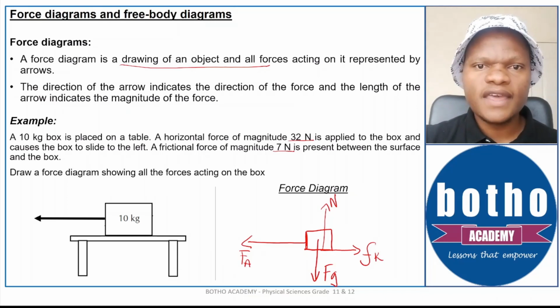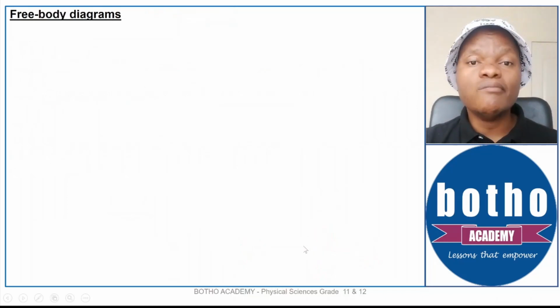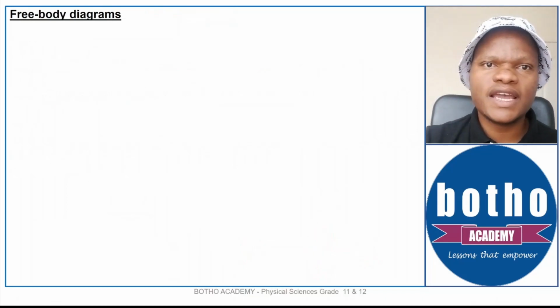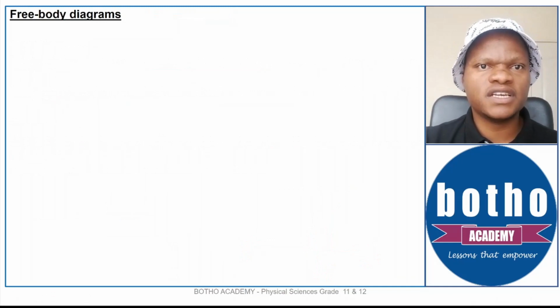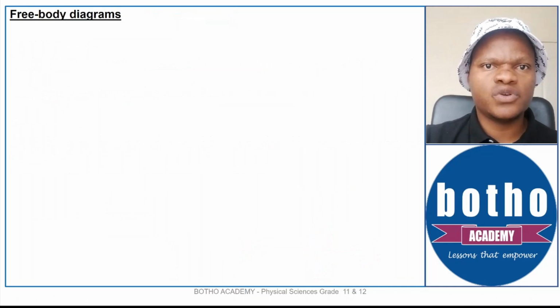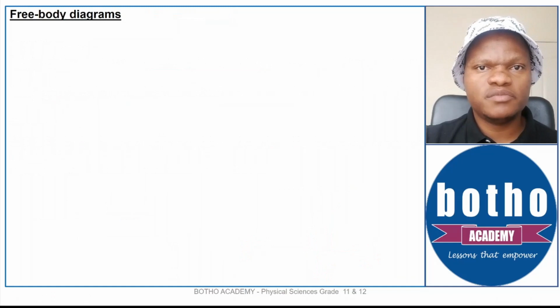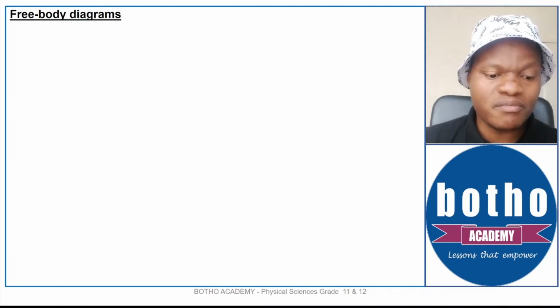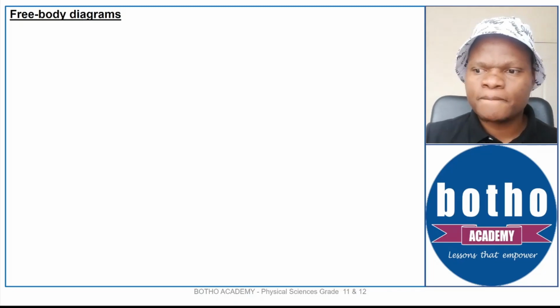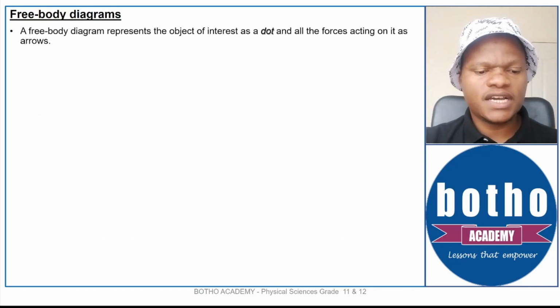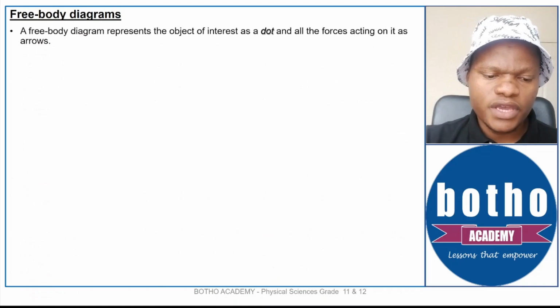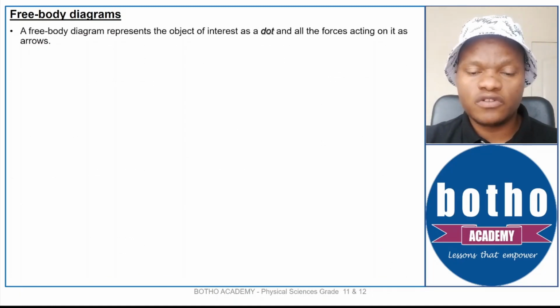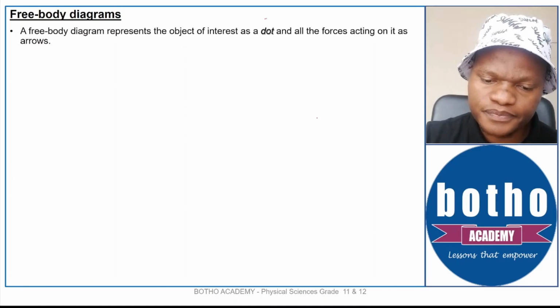Then we move to the most important one, which is the one that I kept on emphasizing, and I'll keep on emphasizing that you master the skill of drawing this particular diagram. Otherwise, it becomes a problem for you to solve other problems involving forces. You must be able to draw the free body diagram. Now what is a free body diagram? In a free body diagram, we represent the object of interest using a dot.